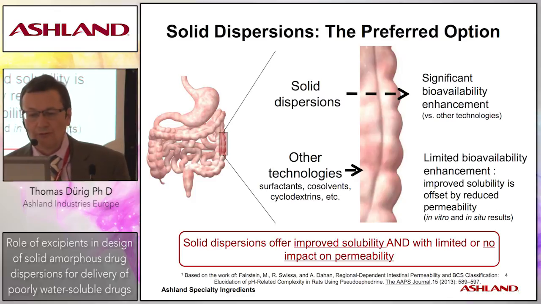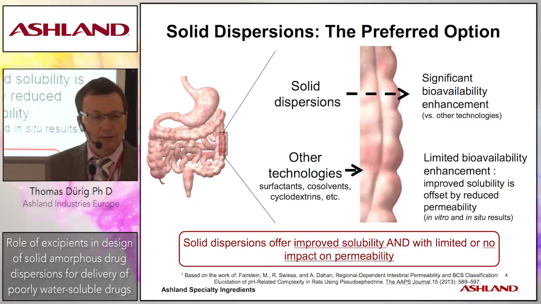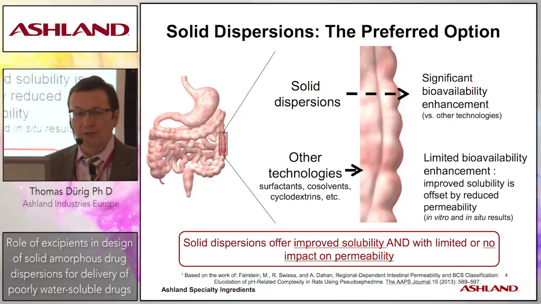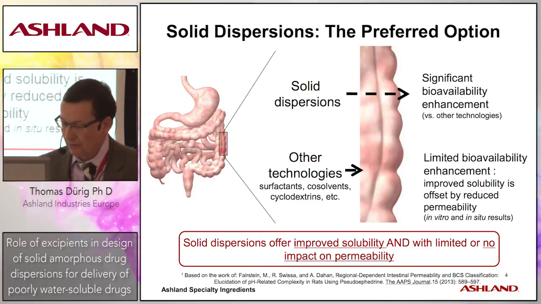The same might be true for such things as emulsions and cyclodextrin complex type systems. On the other hand, once an amorphous dispersion is dissolved in the gastrointestinal tract, there's really not much further interaction that would limit partitioning of the API into the mucosal membranes.